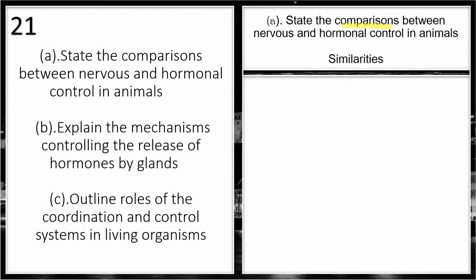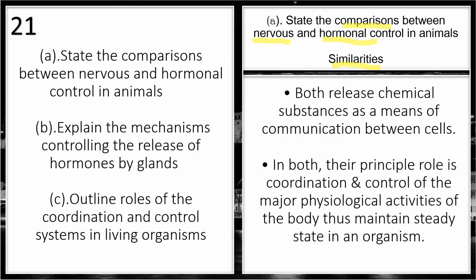State the comparison between the nervous and hormonal control in animals. We shall start with the similarities. Both release chemical substances as a means of communication between cells.